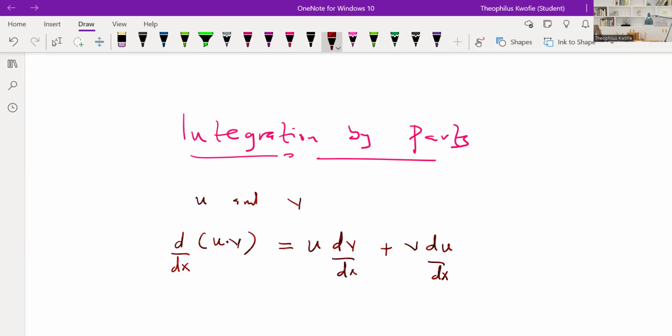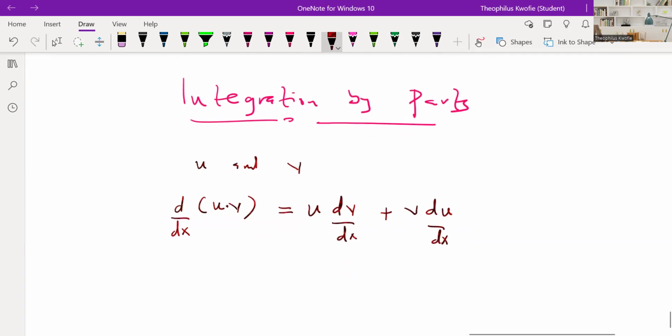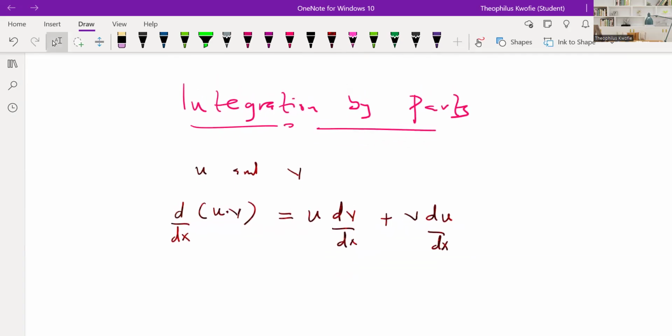As I mentioned, we leverage the reverse of the product rule in differentiation. We are going to use this as a stepping stone to derive the formula for integration by parts. At this point, I will take the integral on both sides.